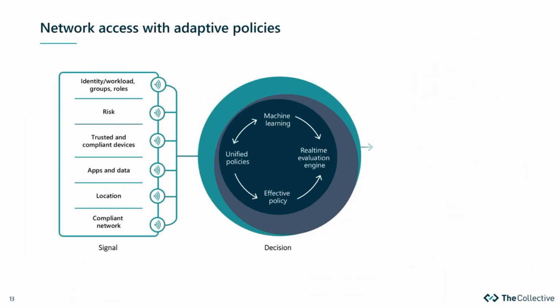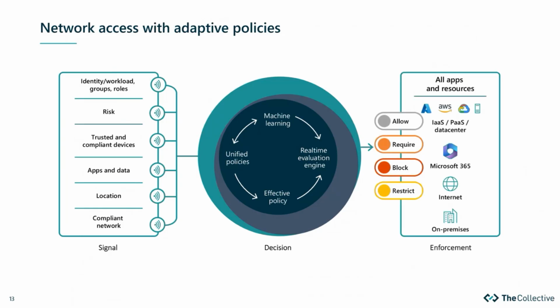How do we do it? How does Global Secure Access do this in the background? We build Global Secure Access with Microsoft native tools and use different signals to decide whether a person is allowed to go to a certain resource. So again, on-premise, Microsoft 365, internet access, it doesn't matter. We check which user is trying to connect. Is the user related with any risk signal?